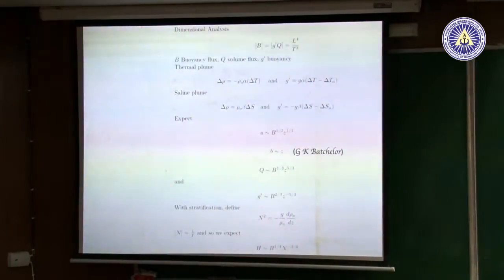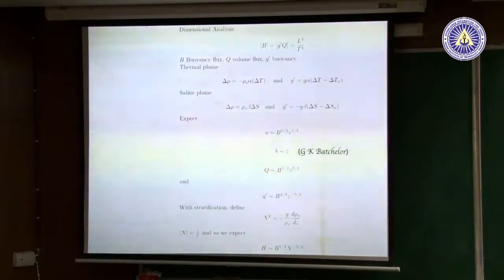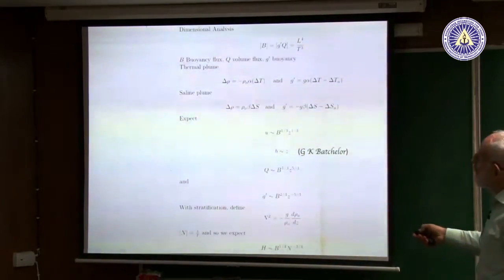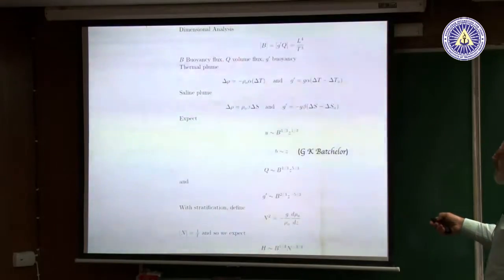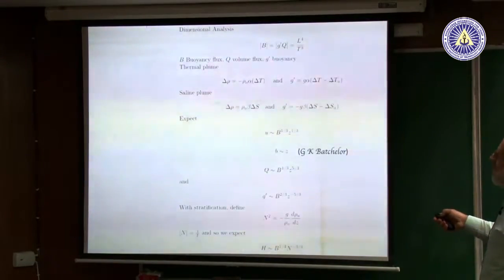And it must be different, at least quantitatively, if it's much less dense or just less dense, so that must come into it. So you have the buoyancy flux, the volume flux, and G prime, the gravity multiplied by the difference in density at the bottom. Maybe I should draw it.